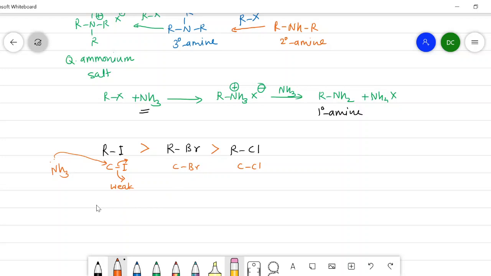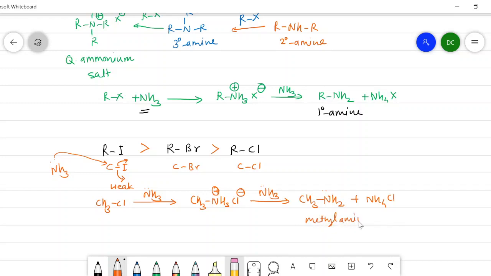Now we will take one example. Here we write CH3Cl in the presence of ammonia. First of all, it will form CH3NH3 positive with Cl minus, then again with ammonia it gives CH3NH2 plus NH4Cl. In this way, methyl chloride is converted into methylamine by the ammonolysis reaction.